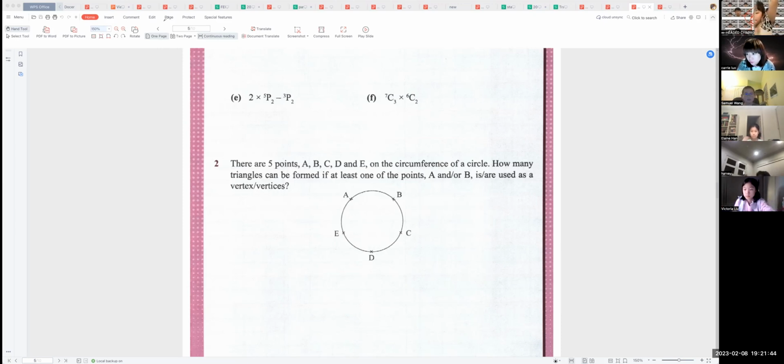Permutation? Victoria, what do you think? I think it's combination. You think it's combination. I think so. Permutation is like each spot is different. Then you're using permutation.